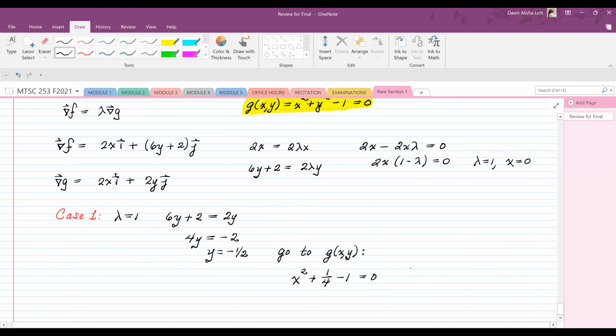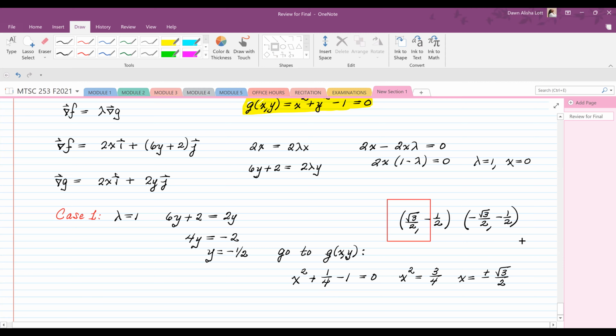So x squared is equal to 3/4, or x is equal to plus or minus the square root of 3/2. So that gives you the points positive square root of 3/2, -1/2, and negative square root of 3/2, -1/2.